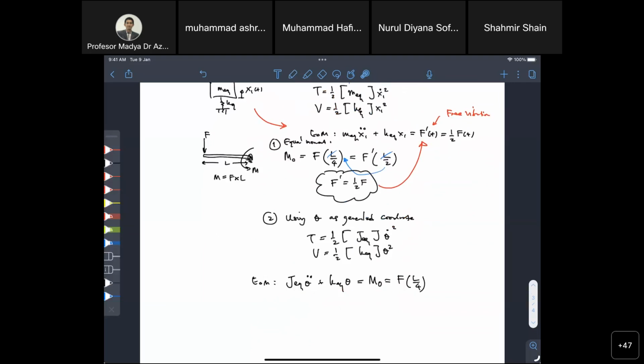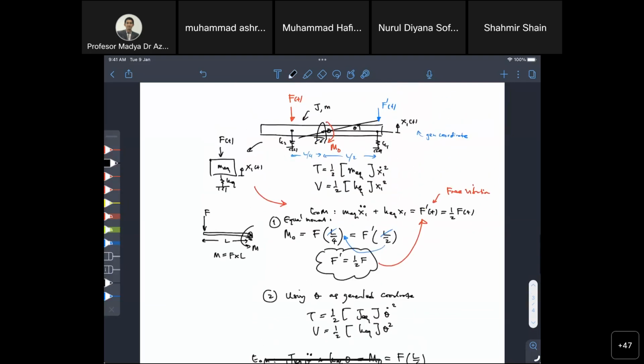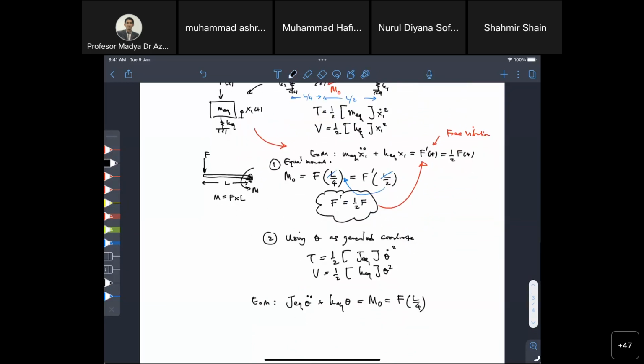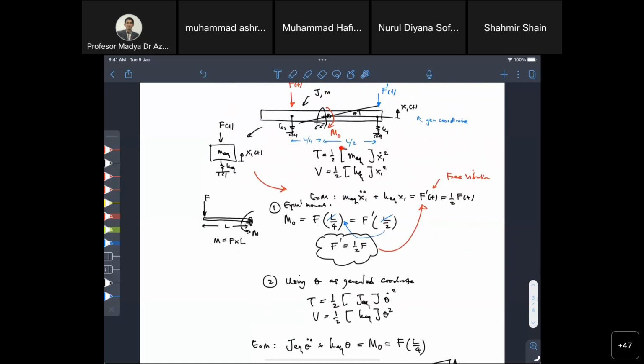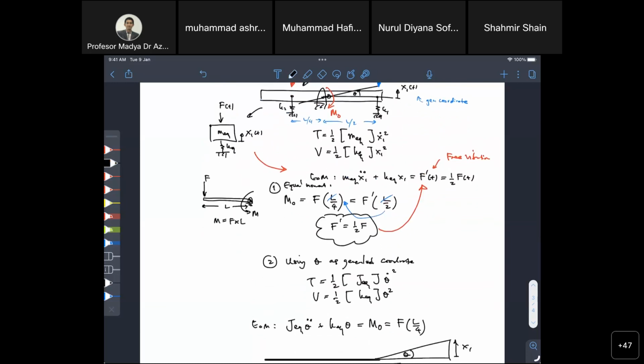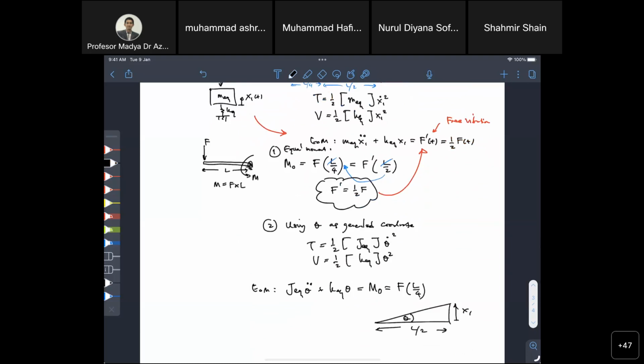But we want x1 as the generalized coordinate, so you have to replace theta with x1. What is the relation between x1 and theta? This one is x1, this one is theta. What is the length? L over 2. So x1 is L over 2 theta. What is theta in terms of x1?